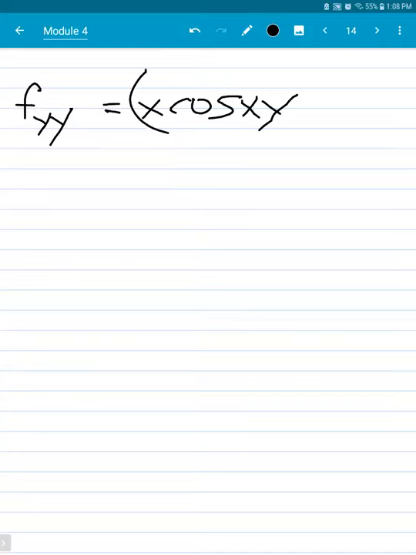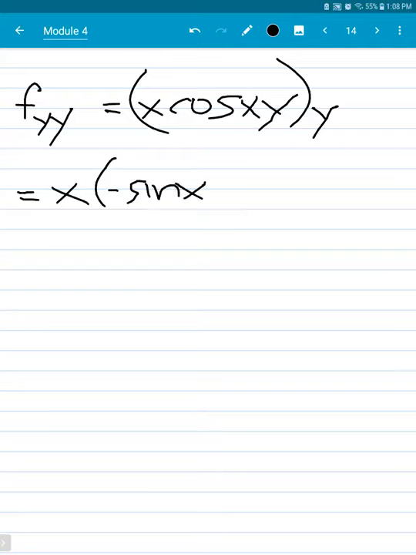And then we're going to differentiate that with respect to y. Product rule. First, derivative of the second with respect to y, negative sine xy. Then we differentiate xy with respect to y, and that would be x.